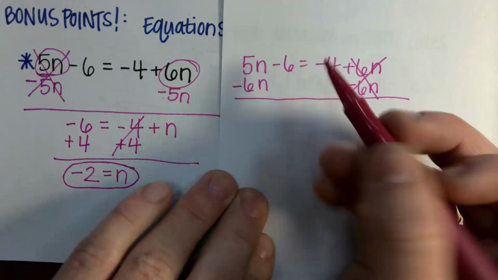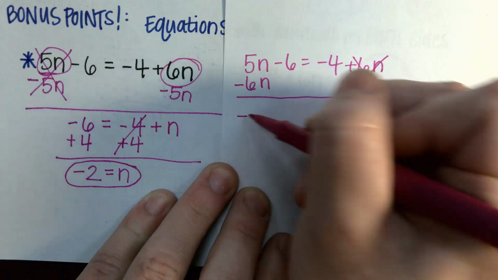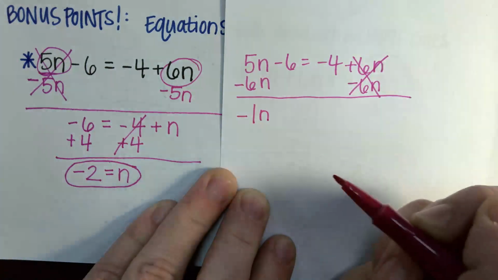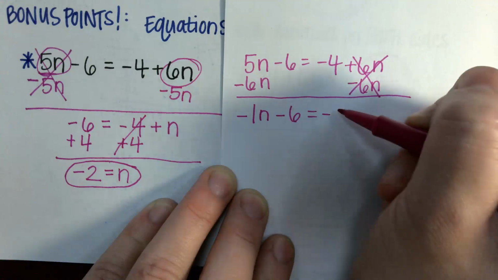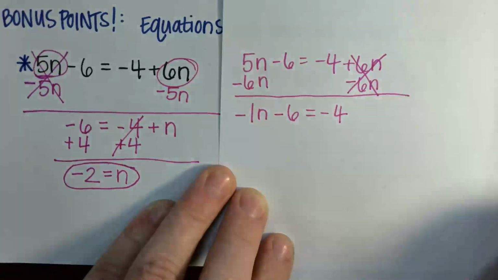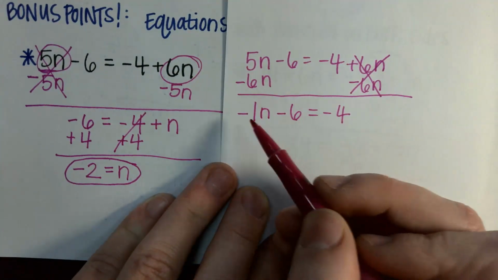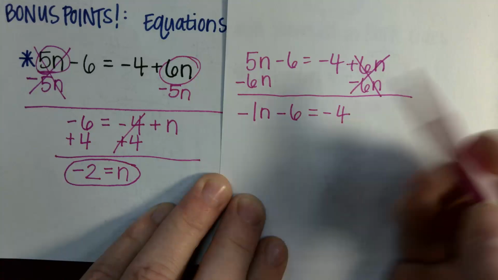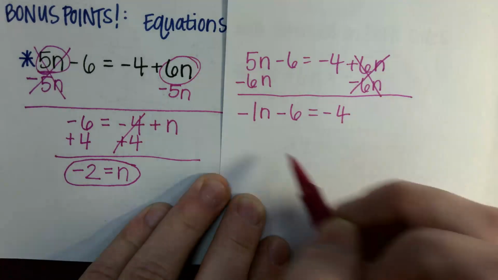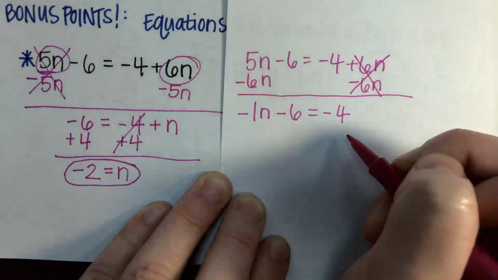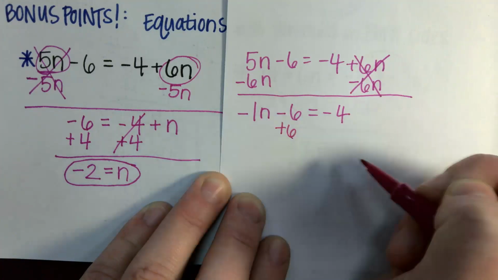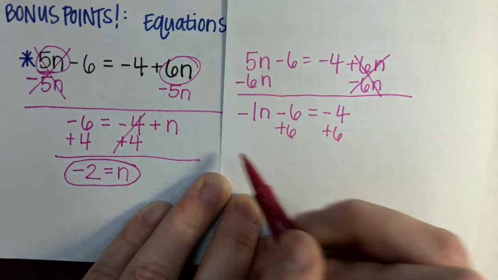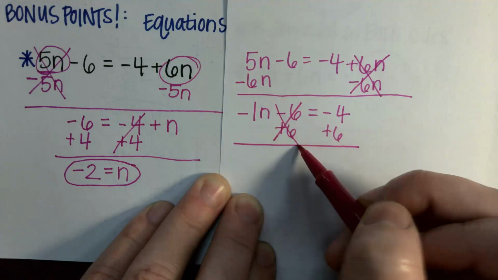Okay. So just for fun, we'll work this out the rest of the way. So now I have -1n minus 6 equals -4. Because this way works too. You can do it this way. It's just you got to keep track of your negatives. So then what did you do next? Added 4 to 6. You added 6. Okay, so add 6 to both sides, just like this. Okay, those cancel.